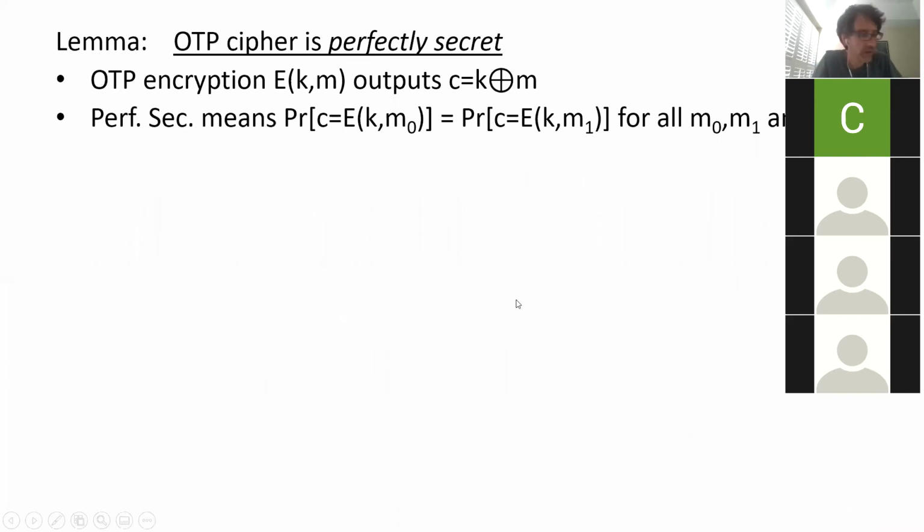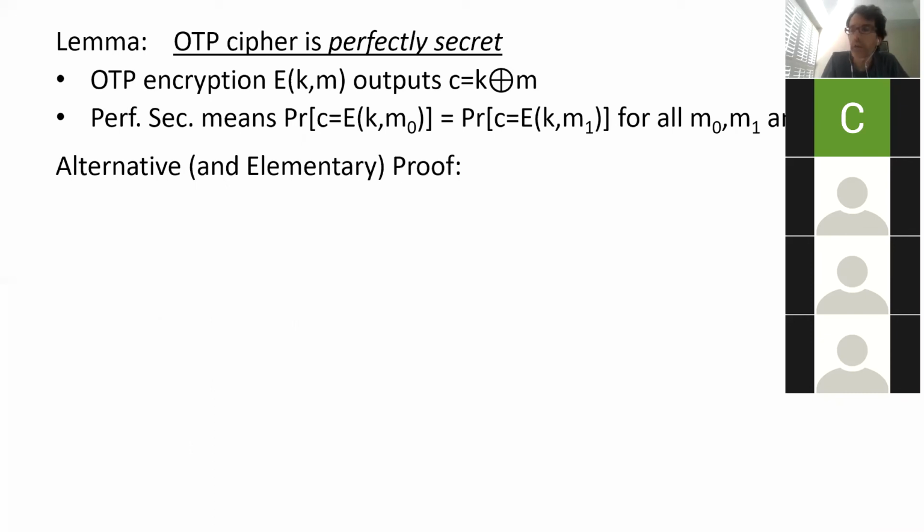So here is an alternative elementary proof. So this was a beautiful proof, right? Maybe somebody got confused, but if you think through it, then you will see this is a very concise way.